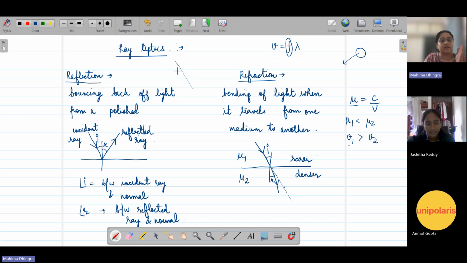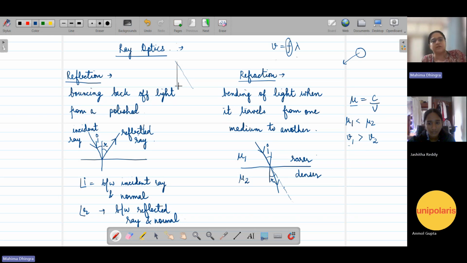So that is why it is trying to bend towards the normal, so that it will get a straight line path. It has to cover less distance. Okay, you got this concept? Why does it bend towards normal? Because when it goes from rarer to denser, the speed will decrease. Now its velocity has decreased. It wants to take a shortcut, like a simple path. So it will go towards the normal.